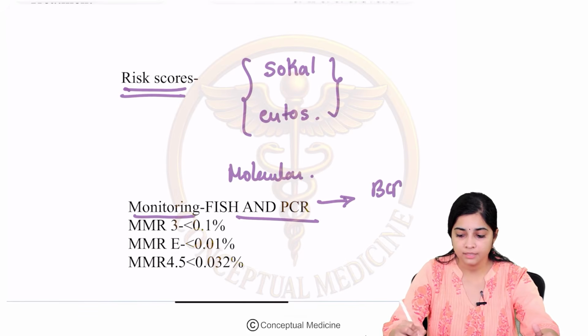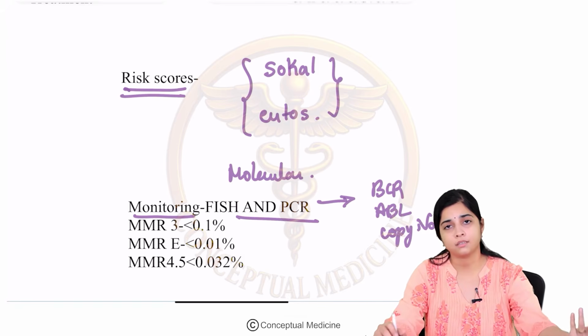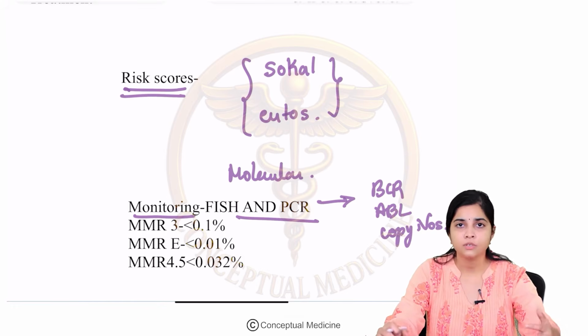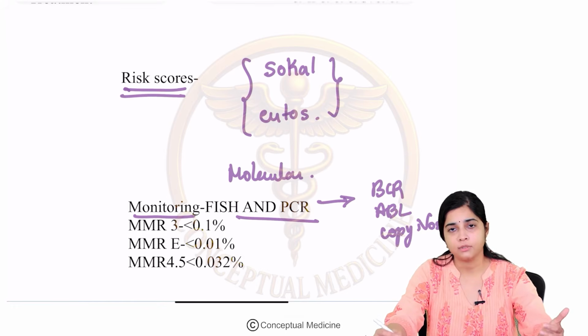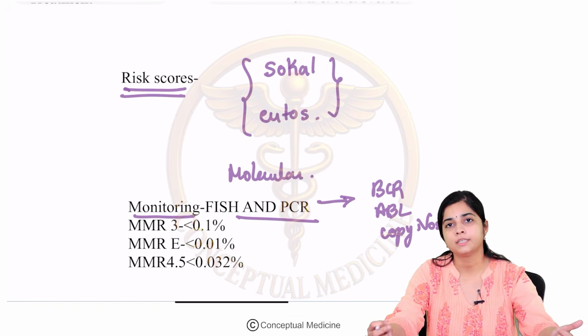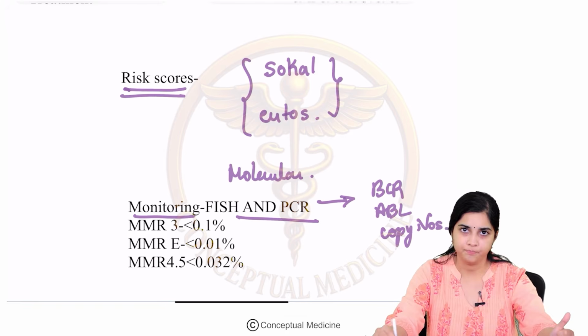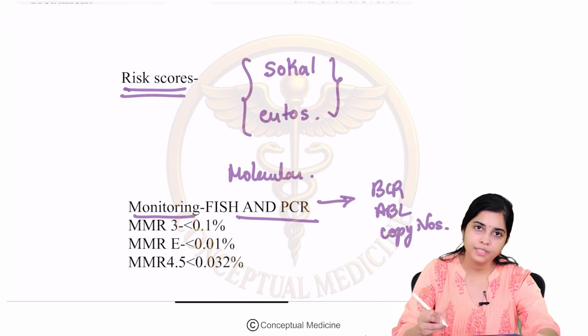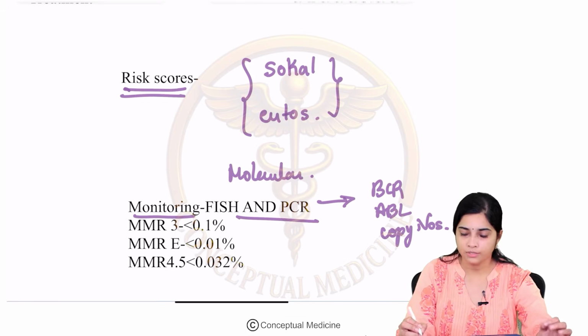We are looking at the BCR-ABL copy numbers. Okay, so you just cannot go on continuously repeating a bone marrow because it's a painful procedure, right? So in this era of molecular diagnostics, we do a peripheral smear for BCR-ABL repeats and you monitor them for molecular remission. Okay, so molecular remission is given by your concept of minimal residual disease or molecular remission.